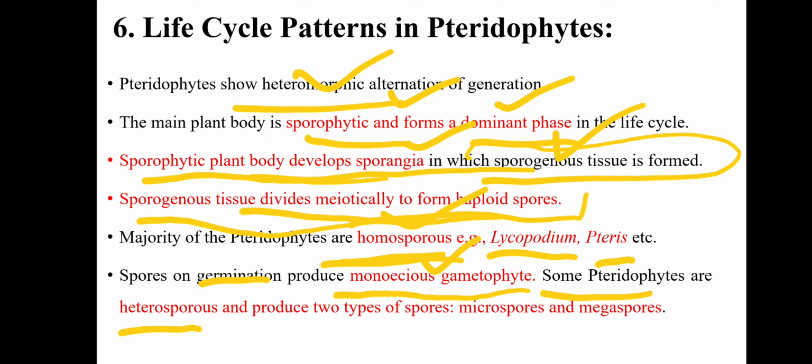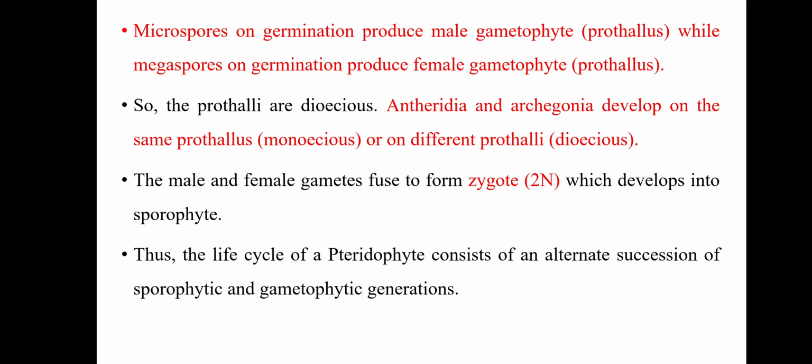Some pteridophytes are heterosporous also and produce two types of spore, microspore and megaspore. Microspore on germination produces the male gametophyte or male prothallus, and the megaspore germinates to produce the female gametophyte or female prothallus. So the prothalli are dioecious.